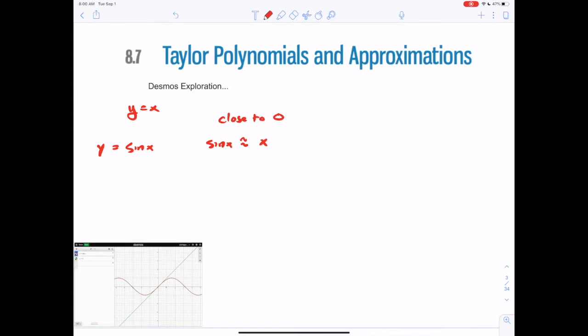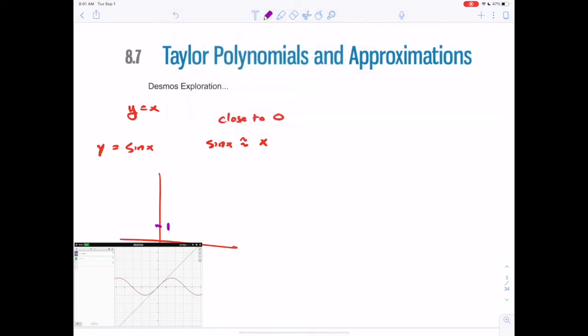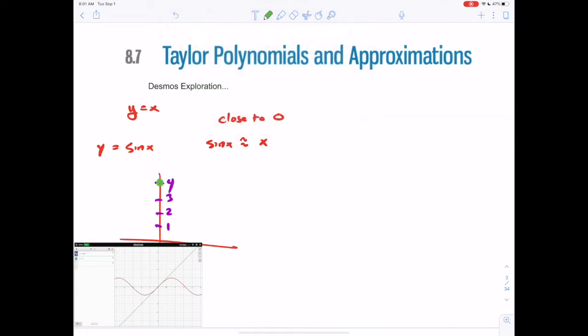So the way we do that is, if you want to find out how far something is from another, just to put it simply, if I had a point at 4 and then I had a point at 1 and I want to find out how far 4 was from 1, what would you guys do?